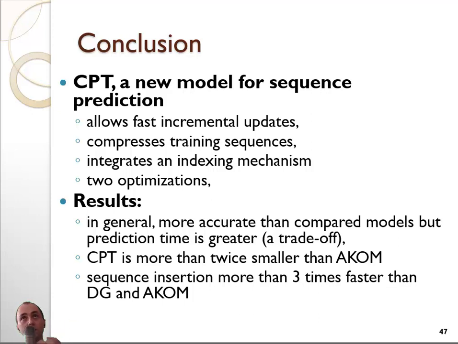And we have a few optimizations, and we found that CPT is more accurate than some traditional models. But in terms of size, maybe it is not the best. In terms of speed, it's not always the best. But there's a trade-off between accuracy, speed and size.